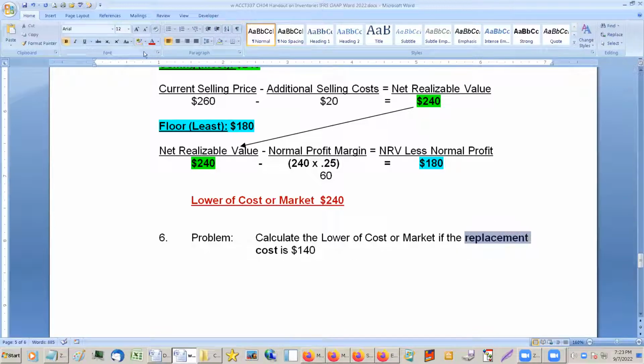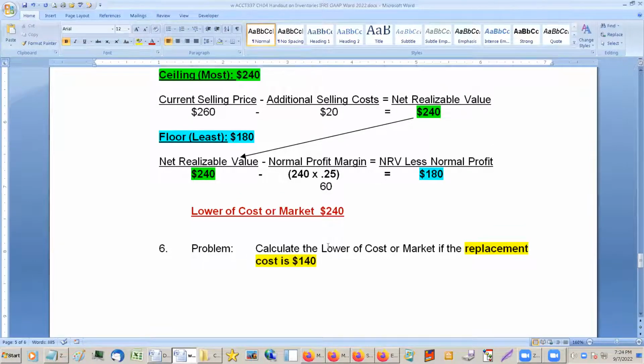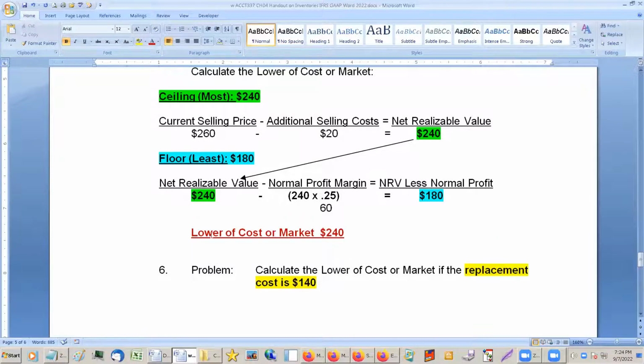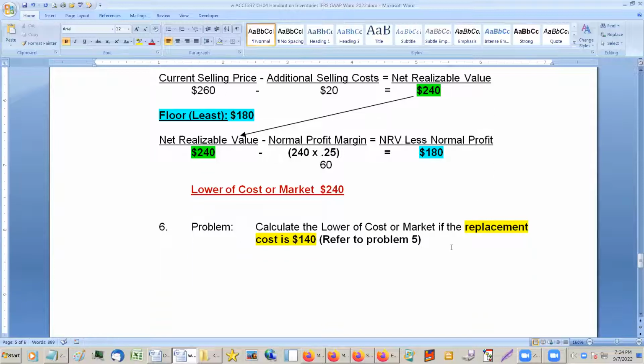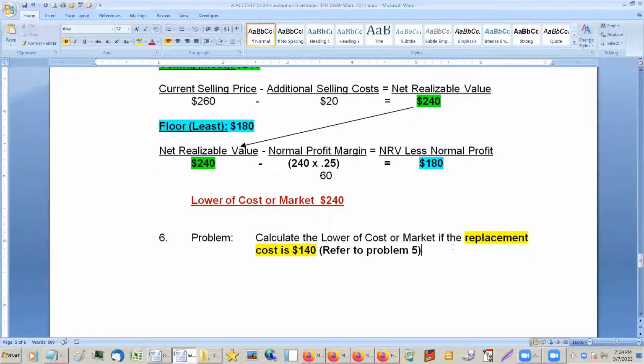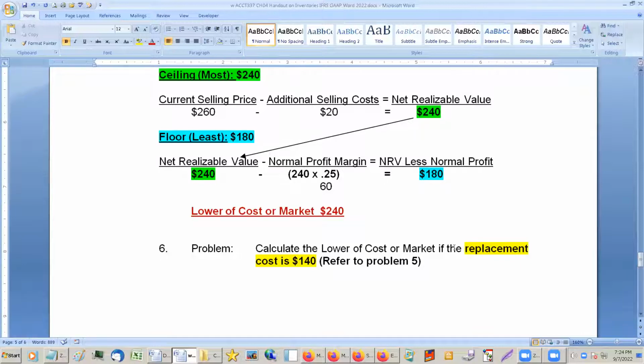Okay, the replacement cost is 140. What would be the lower cost or market? So given the same thing as above, I should put in there, refer to problem 5. Refer to problem 5, what would be the lower of cost or market if the replacement cost was $140?